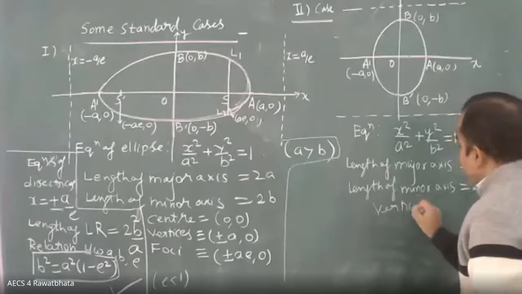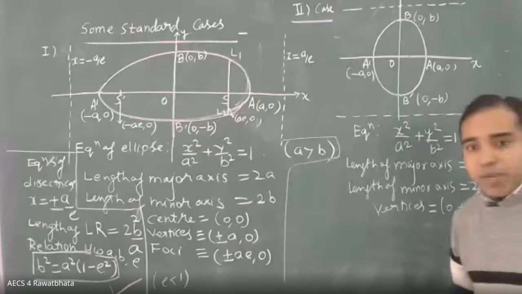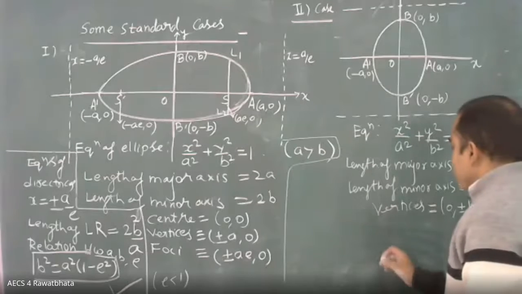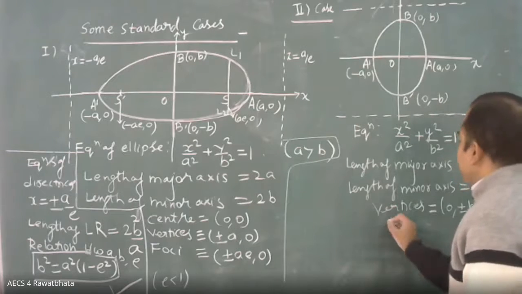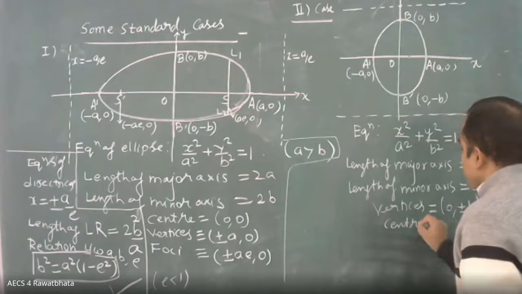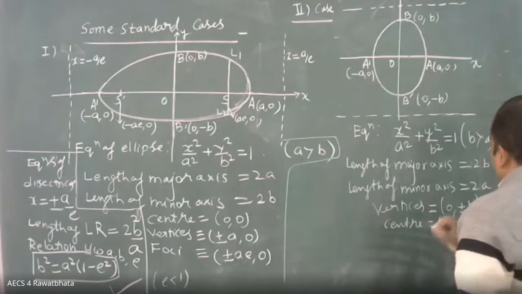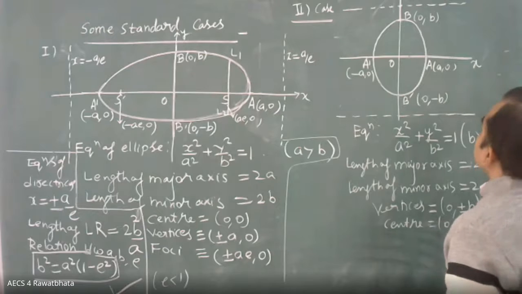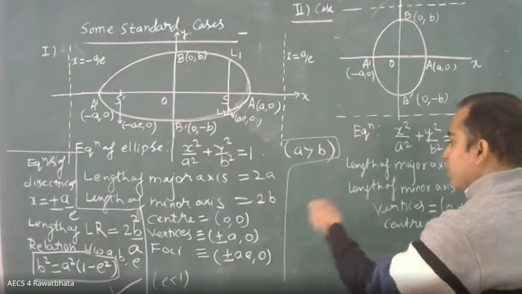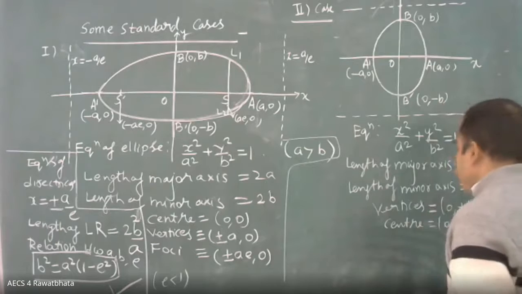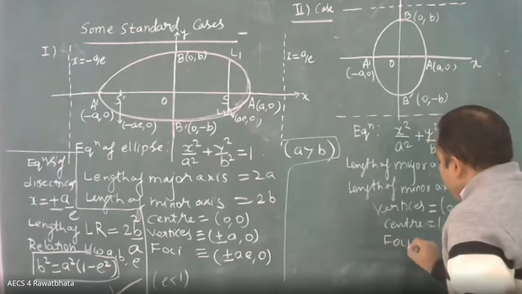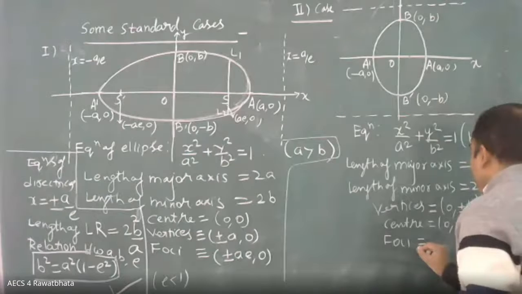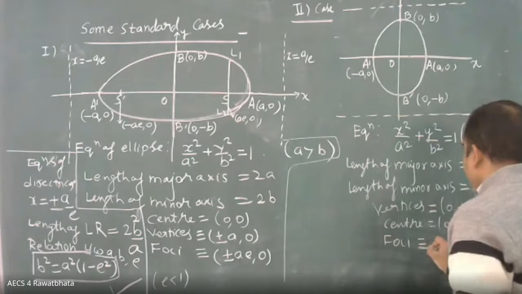Vertices will be 0 comma plus minus b. Okay. Then center will be the same, 0, 0. Okay. Then what else? Vertices already written. Foci. You can make a guess, first of all, where should foci lie?